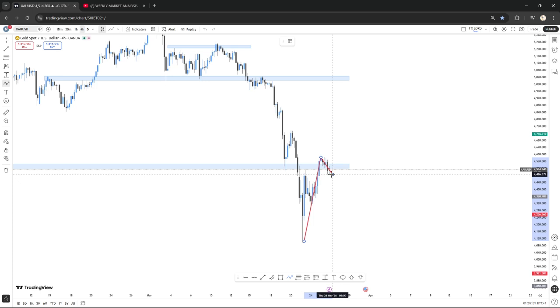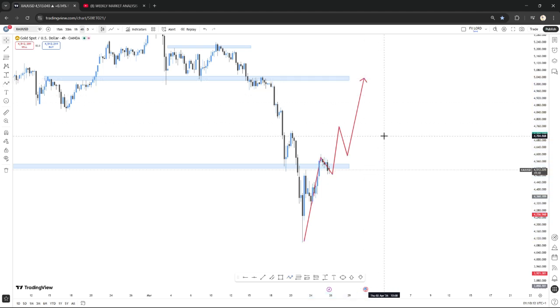If this market is going to buy again, to make a shift in market structure, it has to break above this previous high, take out this level, or even come to equal highs, retest this level before going back to the upside. Then we know there's a change in market structure. Price is no more bearish, it's now bullish. So this is what we'll be looking out for.